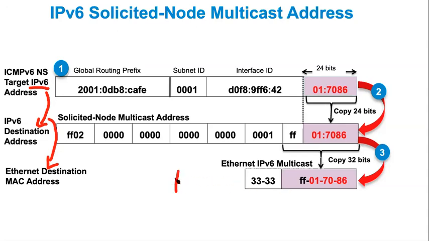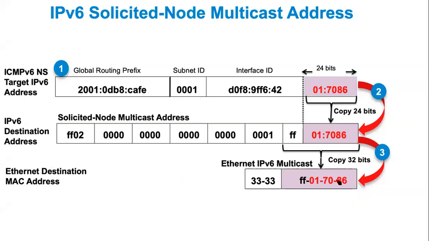That means the Ethernet NIC can filter on this address and determine whether or not it has an address associated with these last 24 bits. That's where this whole mapping comes in. That way devices sending messages to this device can use a multicast.